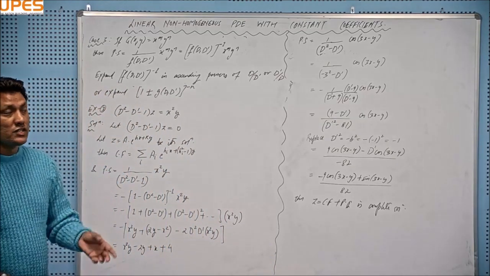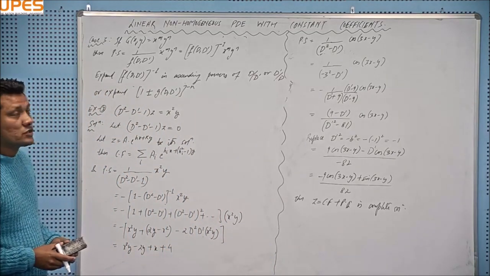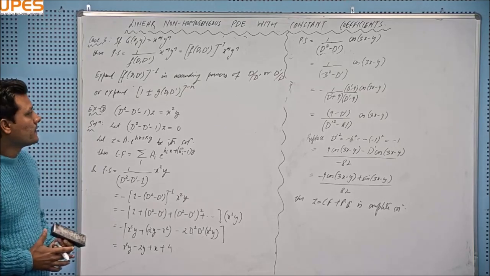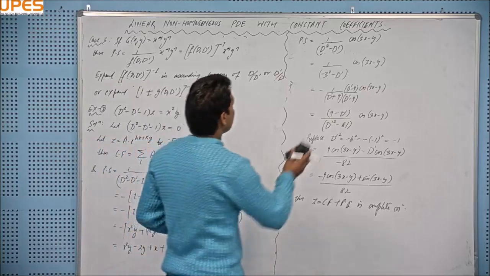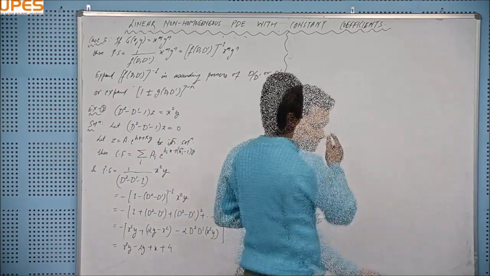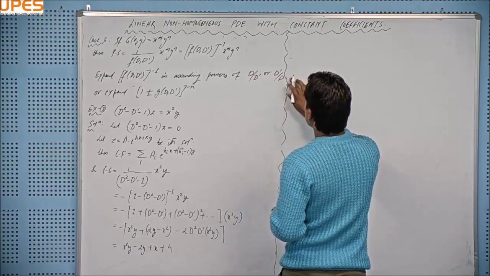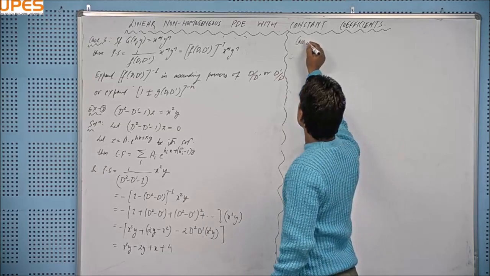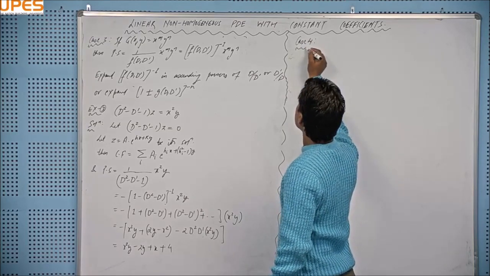It means an exponential function with the product of some function of x and y. Okay, let me write it first. Case 4.